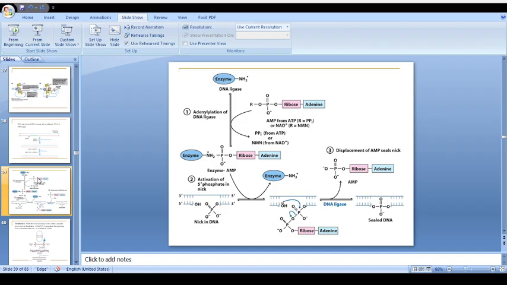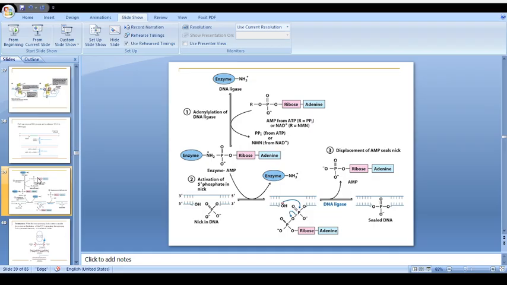This is the sealing enzyme. DNA ligase is an adenylated DNA ligase. That is, AMP is added from the donor ATP, and this adenylated DNA ligase then acts upon the adjacent Okazaki fragments containing the region of gap.